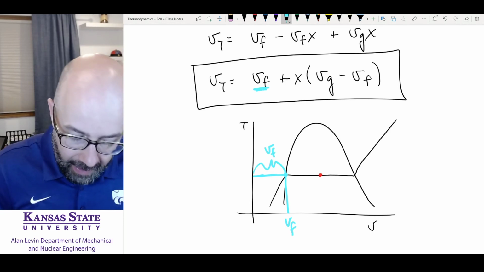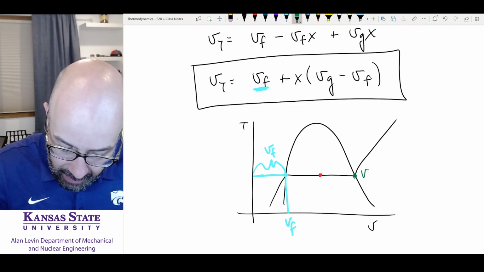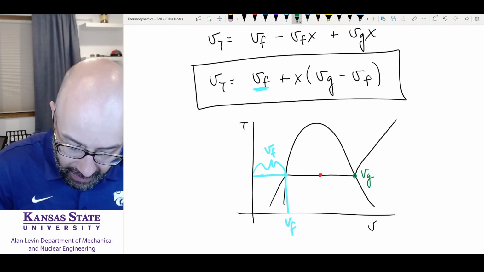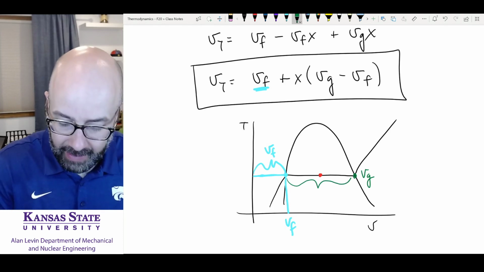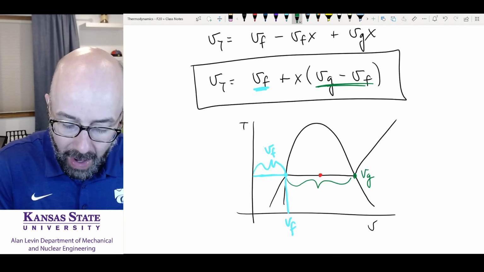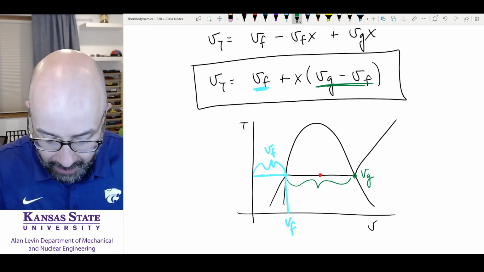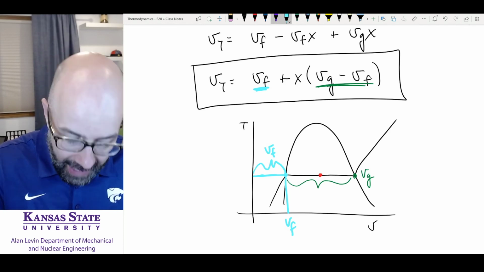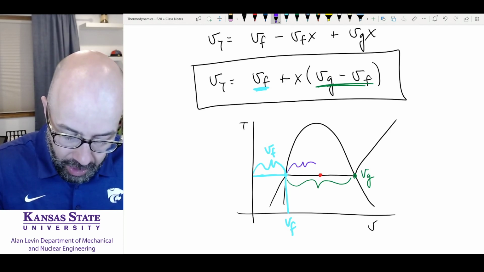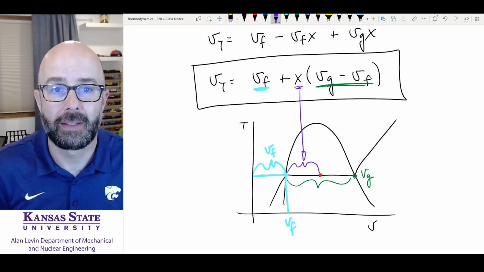Then what we're going to do is take VG minus VF, find the whole distance of this line, and find out what percentage of the way we are across that. So if we say we're 50% of that, that's what we're going to add to our VF. And that's where we find out where a property is.